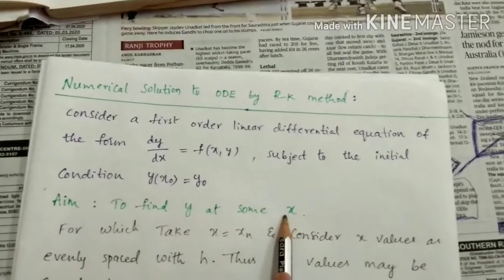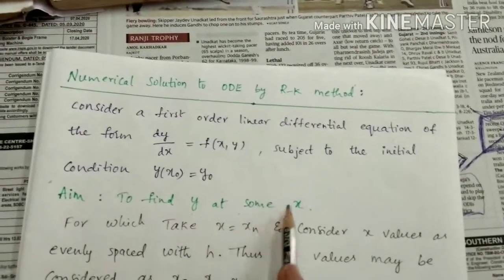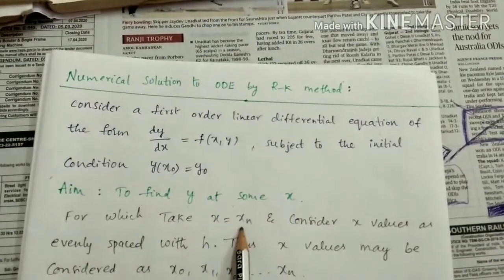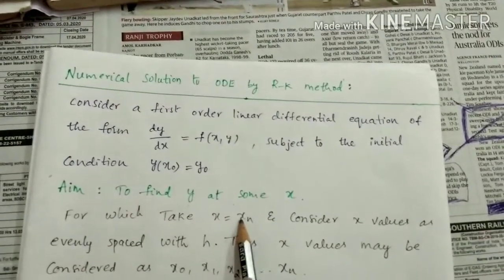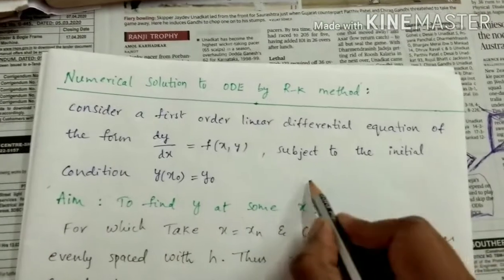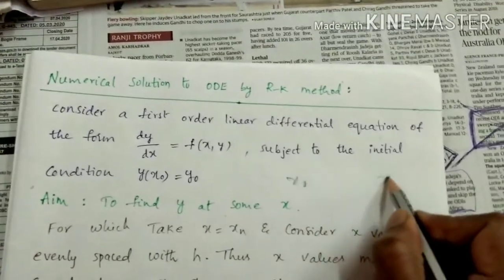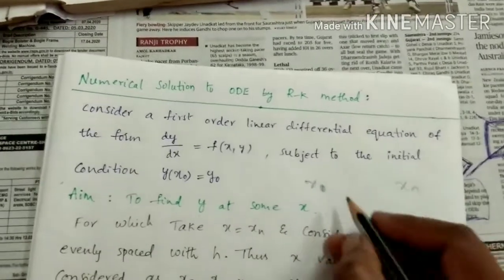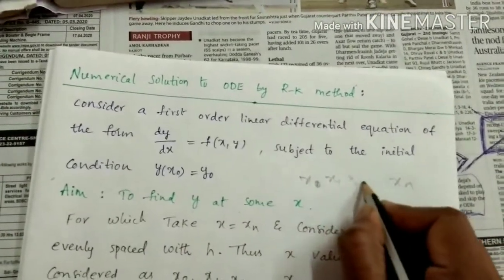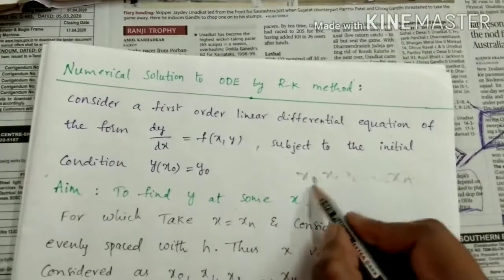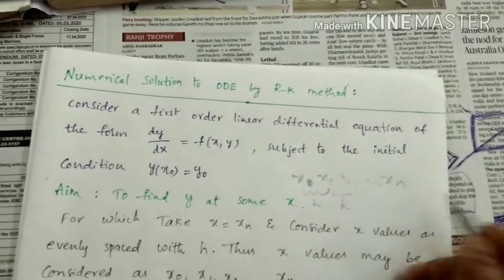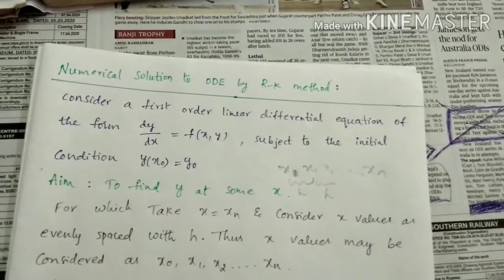This is our aim. Let this x be some xn, so that it starts from x naught till xn. We can consider many x values. They can be taken as x1, x2 and so on, xn minus 1, by assuming that they are all equally spaced with some difference h.